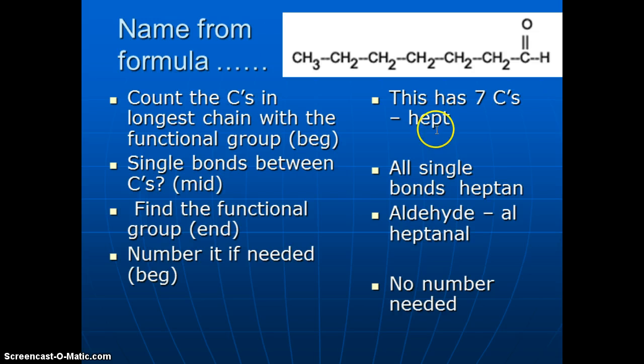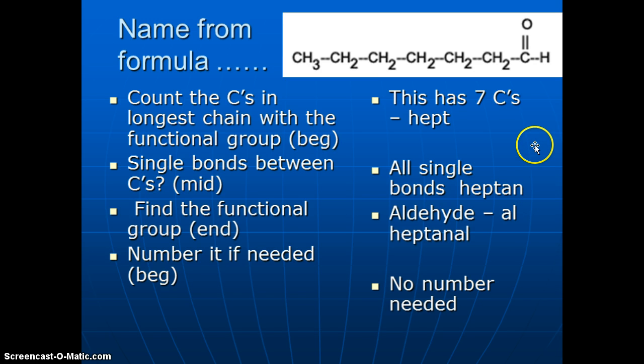So 7 carbons means the prefix is hept, H-E-P-T. The second thing I need to do is look between the carbons, what kind of bonds they are. It's a little difficult to see, but these are all single bonds here. So that makes it an alkane, and I am going to put an AN in the middle. So now it's heptane so far.